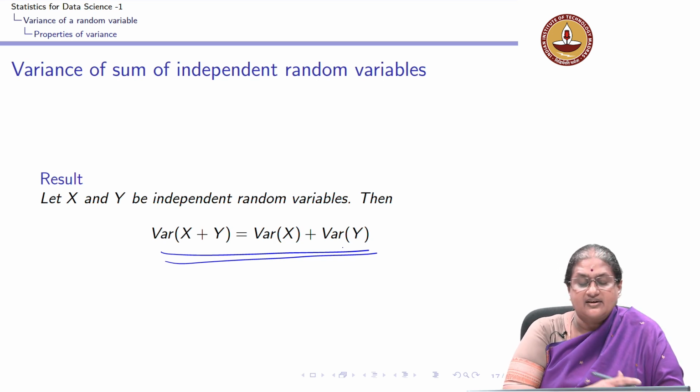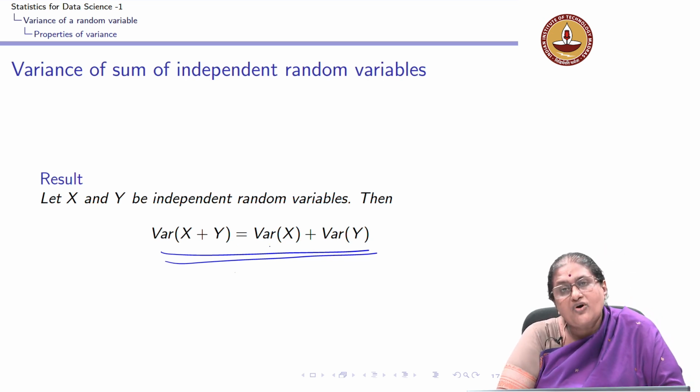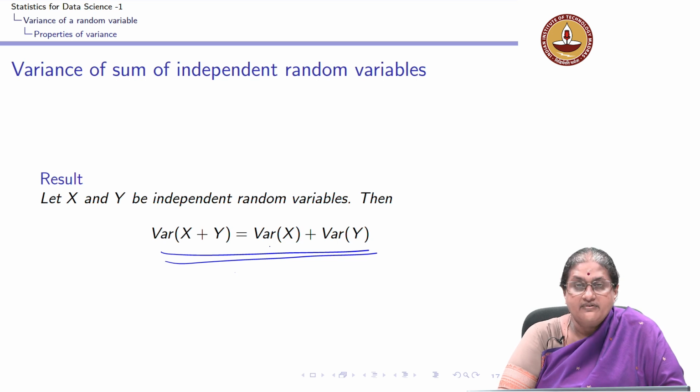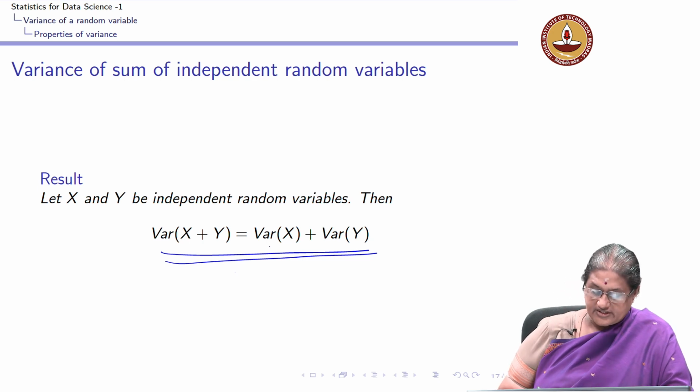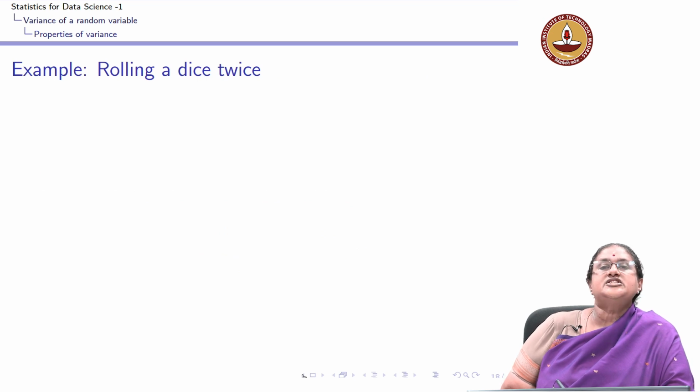In other words, variance of x plus y need not always be equal to the sum of variances. However, if x and y are independent random variables, then the variance of the sum is the sum of the variances. Now, we are going to look at an application of this result.